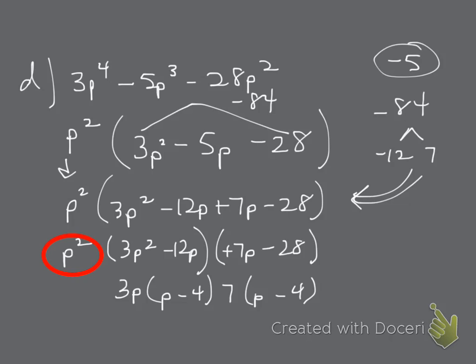Okay? So now what do I do to finish factoring this? You do 3p plus 7 times p minus 4. So I'm going to bring these factors together, and it's going to be 3p plus 7 times p minus 4. Now bring the p squared back down. And there's your final answer. That is a process.